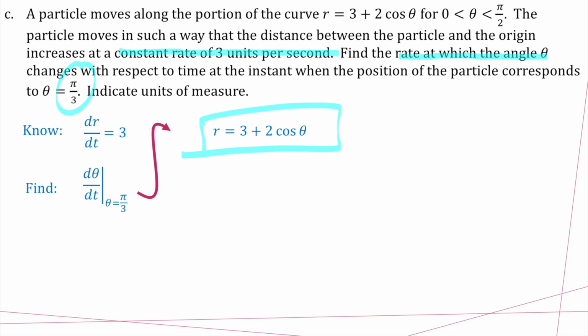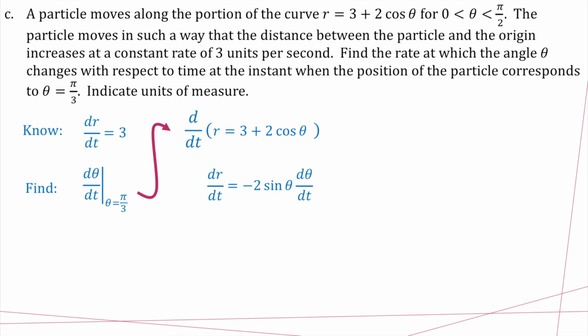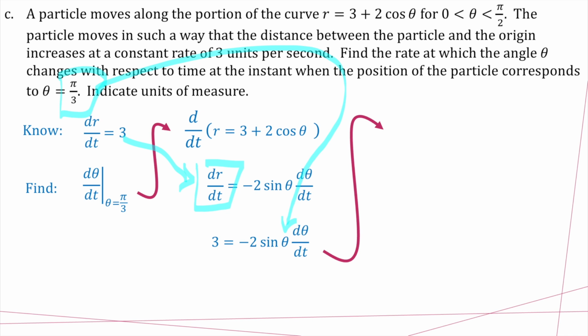So now we can take the derivative of that, and we get dr dt equals negative 2 sine theta d theta dt. So from here, we know dr dt is 3, and we want to know what's happening at pi over 3.